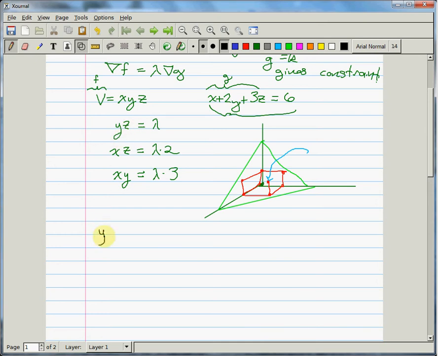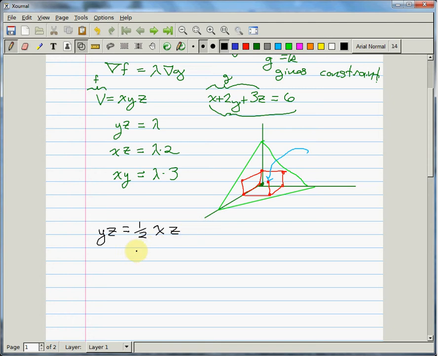So y times z is equal to lambda, and 2 lambda is equal to x times z. So we could write that this means that this is equal to 1/2 of xz. Right? Yeah, that's true.